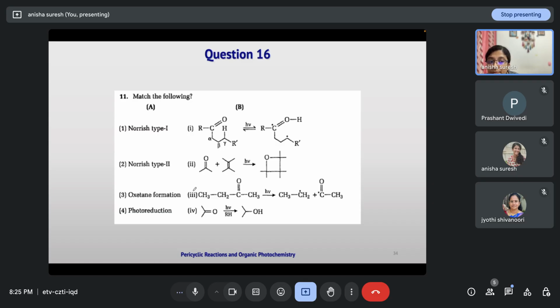Anyone? So in Norrish type 1, alpha fragmentation is the primary step, right? So out of 1, 2, 3 and 4, where is alpha fragmentation taking place?